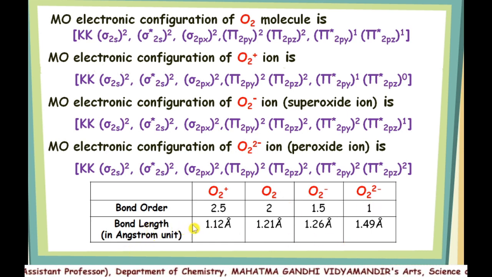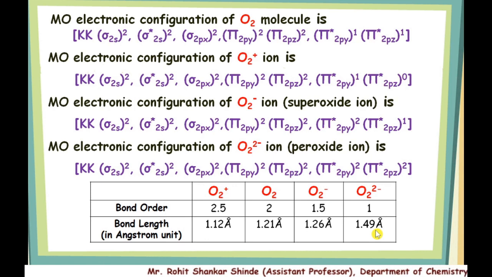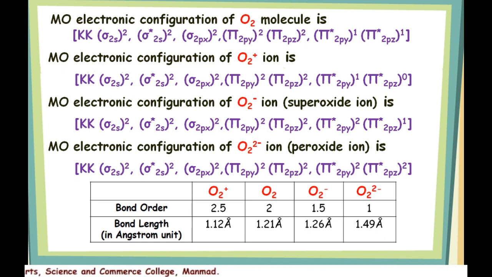The bond lengths of these diatomic species of oxygen are as follows: O2 plus ion has 1.12 angstrom, O2 possesses 1.21 angstrom, O2 minus ion has bond length 1.26 angstrom, and O2 2 minus ion has bond length 1.49 angstrom. So as the bond becomes weaker, the bond length increases. So this is the effect of the number of electrons in anti-bonding molecular orbitals on bond lengths in diatomic species of oxygen.